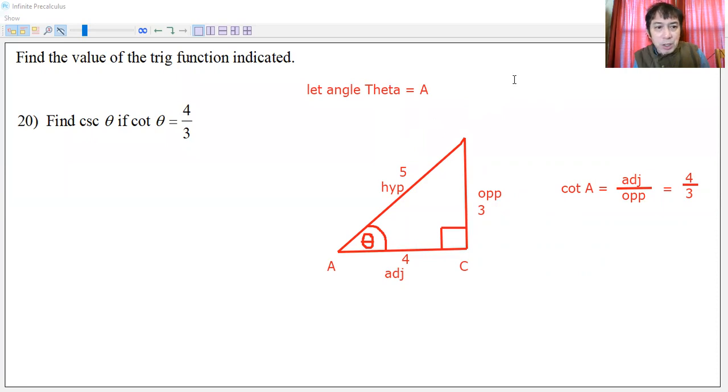We can easily see where cosecant is, and that looks like hypotenuse over opposite side. That's cosecant of angle theta. And that should be our answer. Cosecant of angle A is equivalent to 5/3.